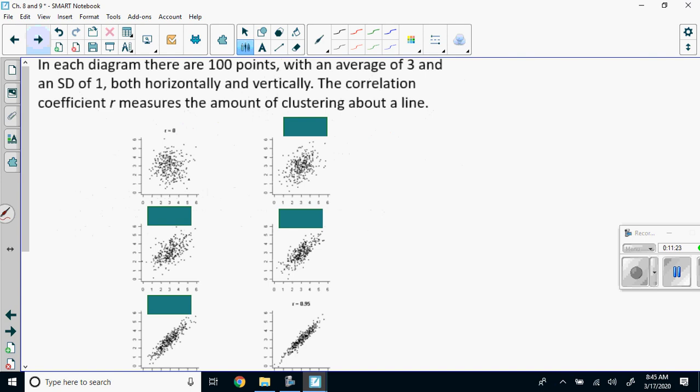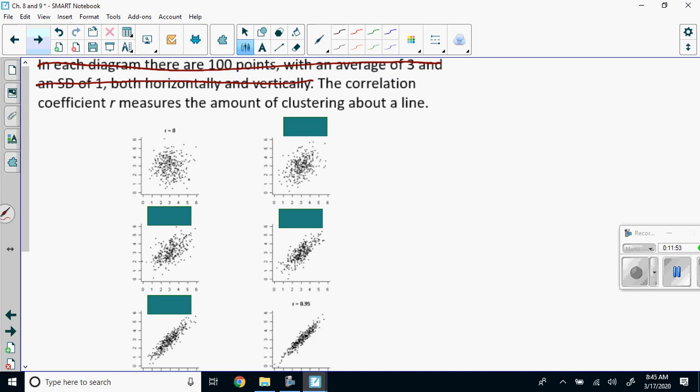Okay, on this one, it says in each diagram there are 100 points with an average of 3 and an SD of 1, both horizontally and vertically. The correlation coefficient R measures the amount of clustering about the line. Okay, this first sentence here, don't worry too much about it. We'll learn more about what that means in a few minutes.